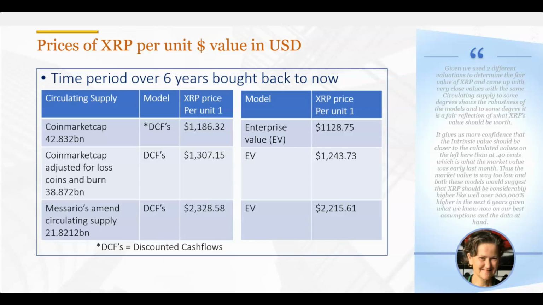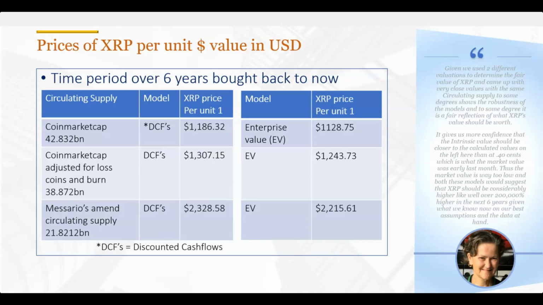Now, what's interesting about this, and it gives me a lot of solace, is these are 2 different valuation models that we've used, from all the information and data we know now in terms of Ripple and their client base and what's circulating, making assumptions about the revenue they're earning, how much is going to be utilized, how much is going to be in the system, and what's going to happen in the future.